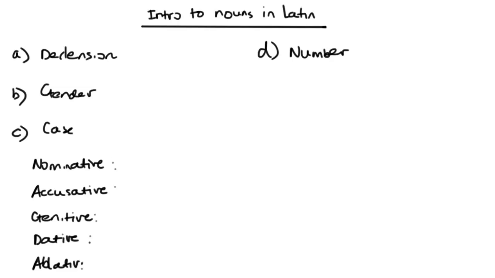So the first thing is declension. Just as we said that there are families of verbs called conjugations, you also have families of nouns, and these are called declensions. That's really all there is to it. There are 5 declensions, but really there are only 3 that are very common.